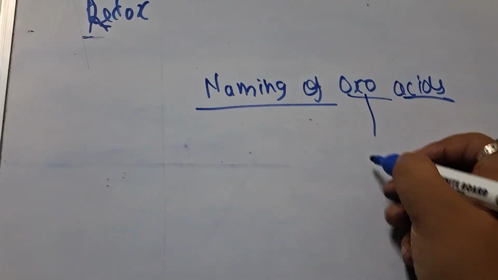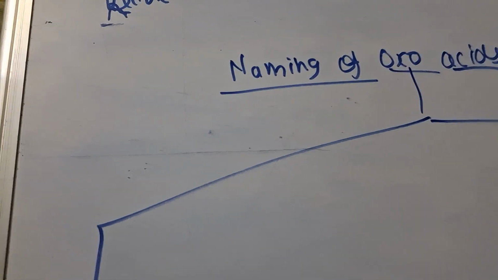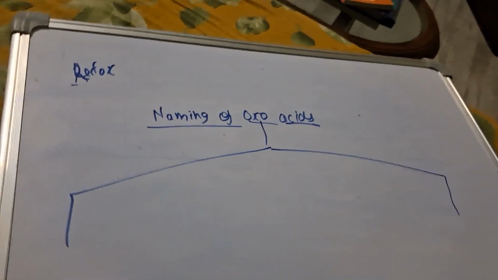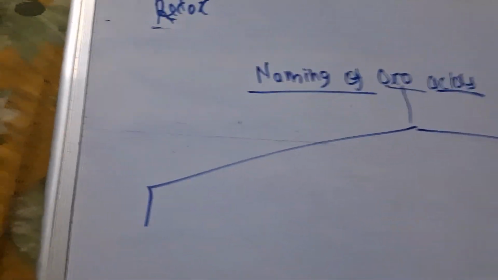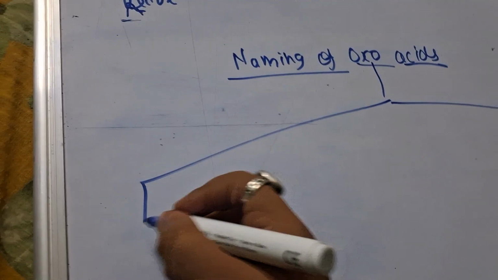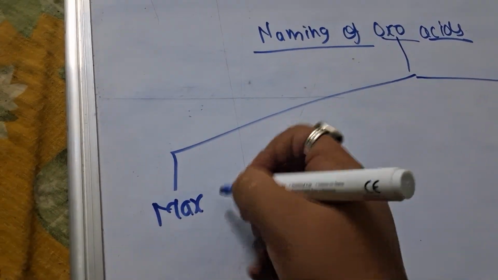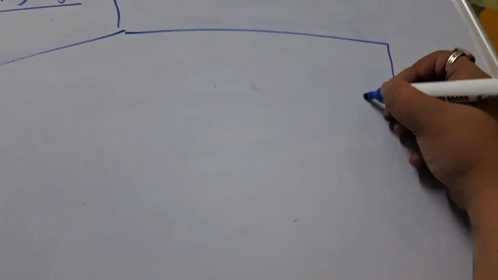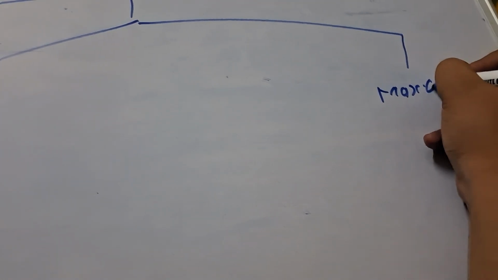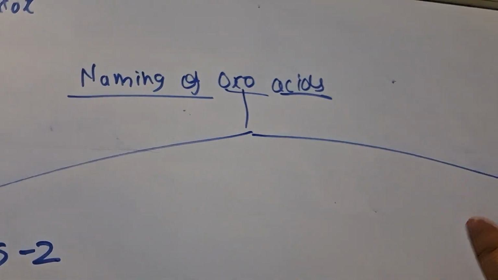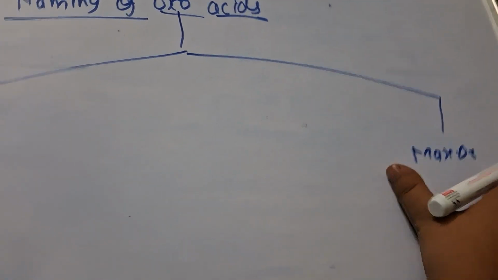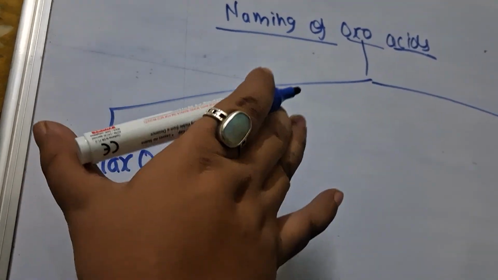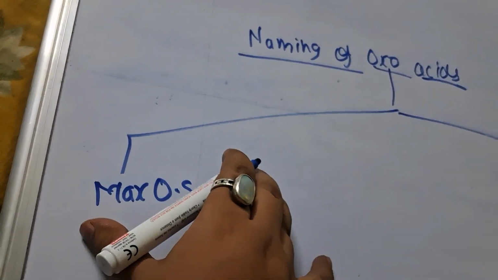Now we have to divide this into two parts. One where the element is at the maximum oxidation state, and one where it is at maximum oxidation state minus 2.